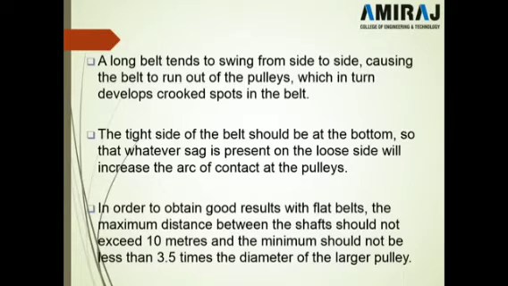Right now, what happens? The driver pulls, so the bottom part of the belt is going to be tight, and the driver pushes the belt to the driven pulley, so it is going to sag or be slack, right?